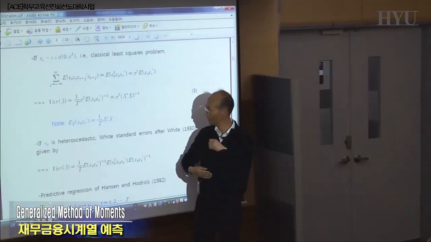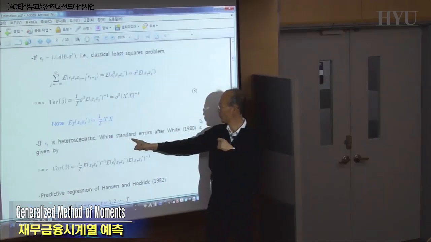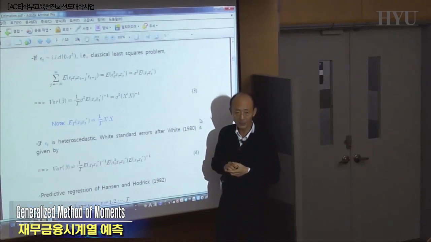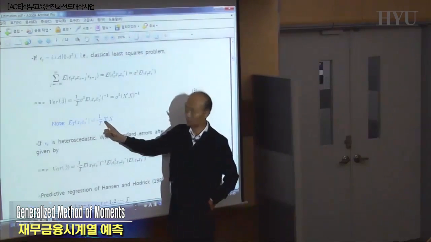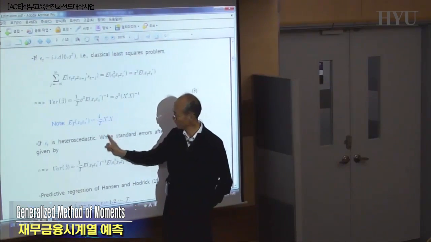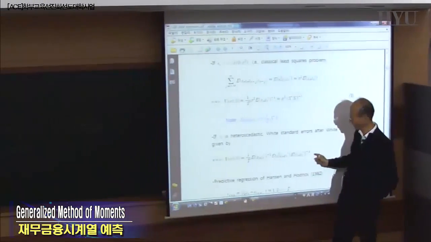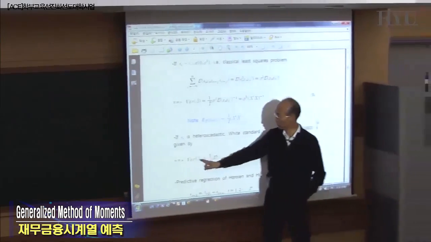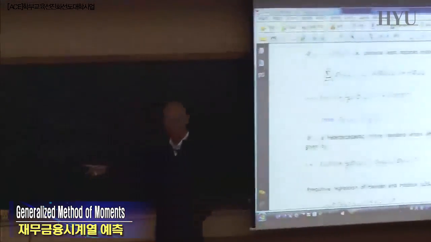So let's leave it as it is, and that's the White version of the heteroscedasticity consistent estimate for the variance. We know this relationship, so you plug it in here, here, here, and then you get some operational version of this. But that is going to be lengthier than this one, right?